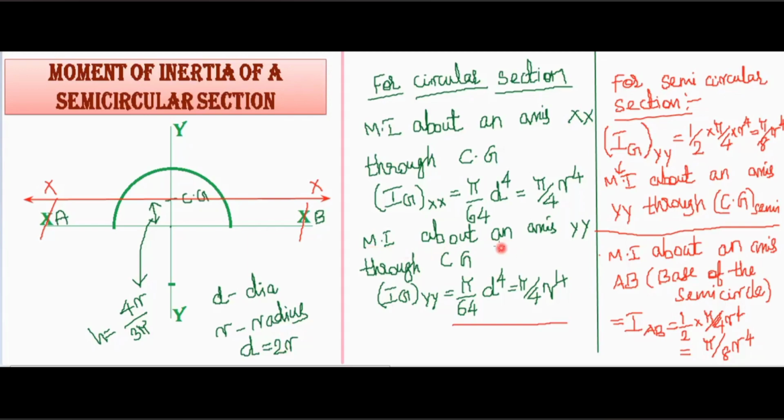Then moment of inertia about an axis YY passing through the center of gravity, IGYY, equals pi by 64 d power 4 or pi by 4 r power 4.